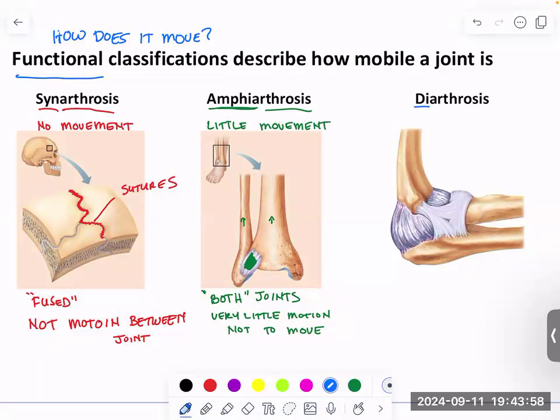Diarthrosis. Di means that it moves at least along two sides, so it has one axis. Diarthrosis means it moves a lot. It's a joint that's designed to move a lot. Like this one.